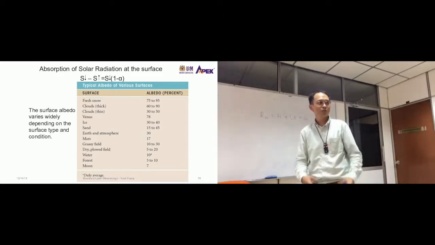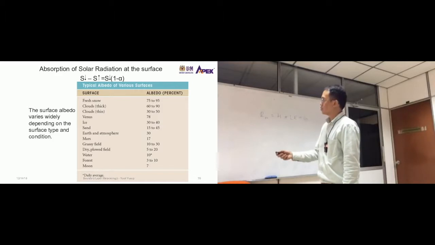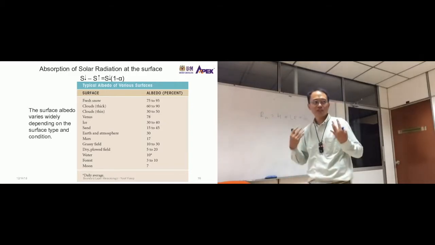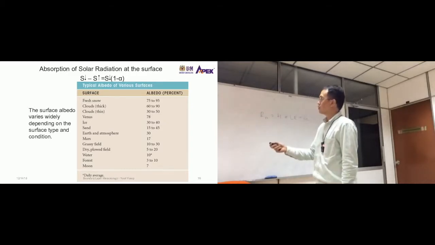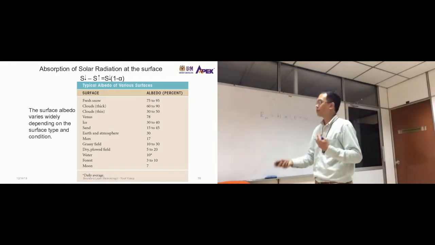If you already work with albedo values in your air quality modeling project, this looks more than 1 because it uses percentage, but it's only between 0 and 100. So fresh snow is 75 to 95 because it's white, so it reflects a lot out. If we put 0.95, then 1 minus 0.95 gives 0.05. So 0.05 times whatever incoming comes in, that means a lot of it gets reflected back out.